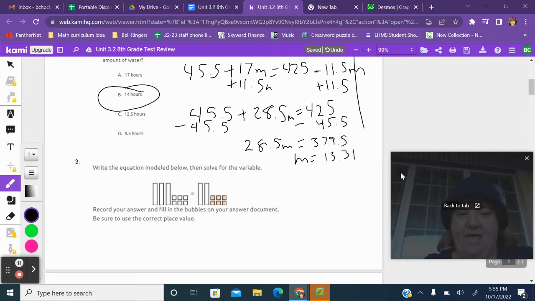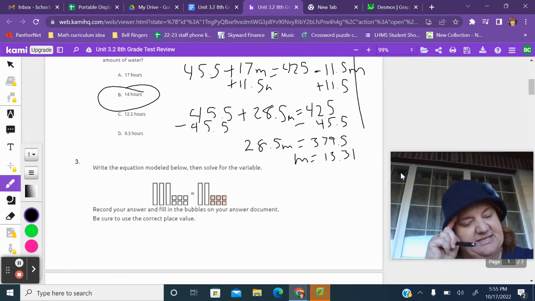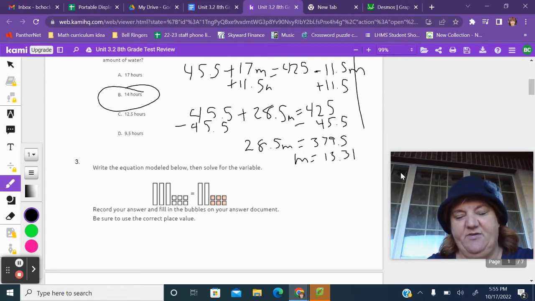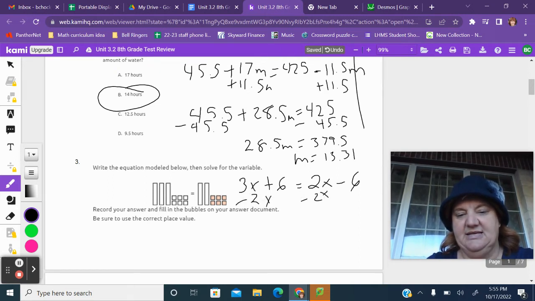Okay, this sets up as, it doesn't matter what you do. You guys can't really see that these were negative. So I think some of you, but it ends up being the same either way. So 3x plus 6 equals 2x minus 6. So we go minus 2x, minus 2x, x equals, and then we go minus 6, minus 6.